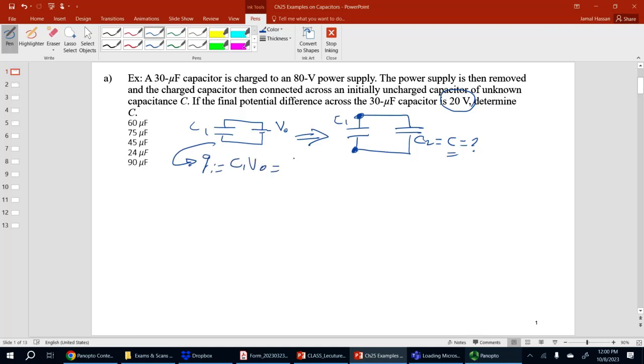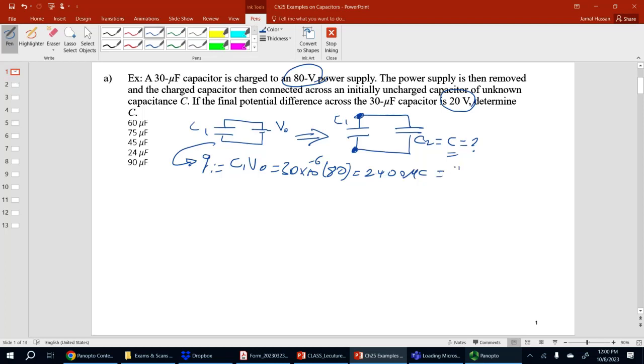In this case, we have 30 micro, so 10 to the power minus 6, and the initial power supply is 80. I'm going to just keep everything in micro. So 30 times 80 is equal to 2400, and I'm going to say this is microcoulomb.